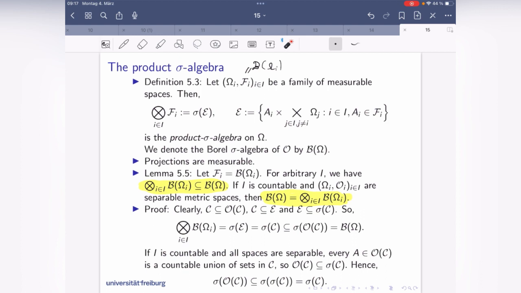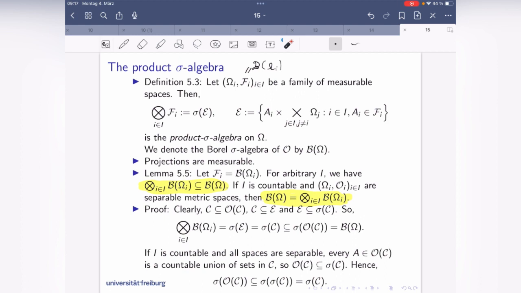And I generate a sigma algebra from this here. So it's just generated by these here. But that's something different than using the product sigma algebra. And this here will be the better sigma algebra, and we'll call this the product sigma algebra on omega.